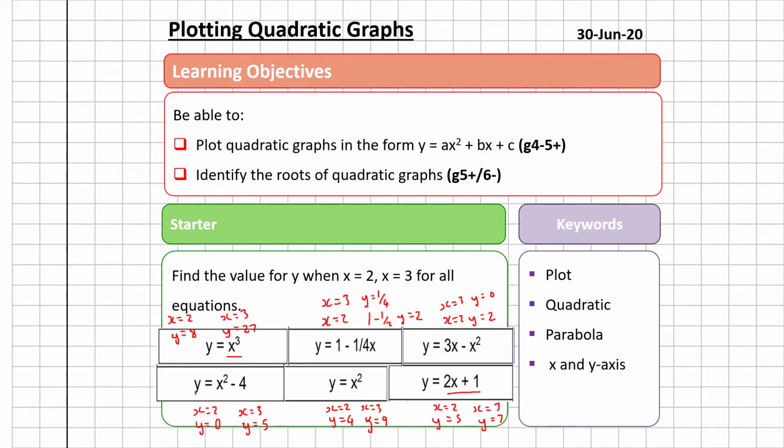Now I want to point something out to you guys, because it's a very common mistake. Imagine when x equals minus 2 for this. If you do minus 2 squared on a calculator and you type this in, you will get an answer of minus 4 because of BIDMAS.